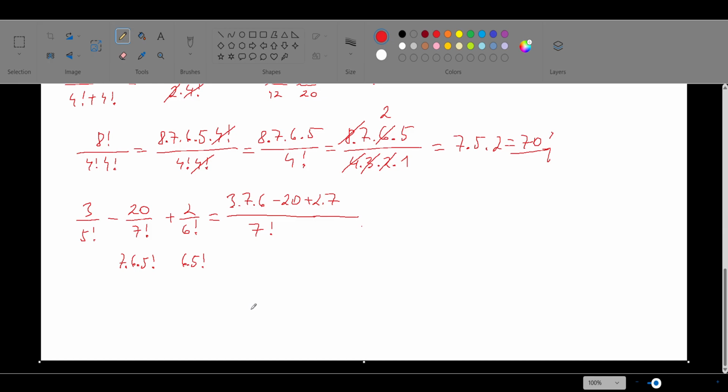So let's find out what the result is, and let me just check if there is something we can simplify, but actually I don't see anything like this.